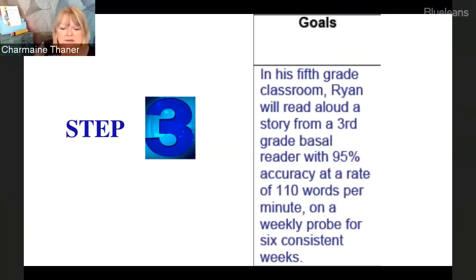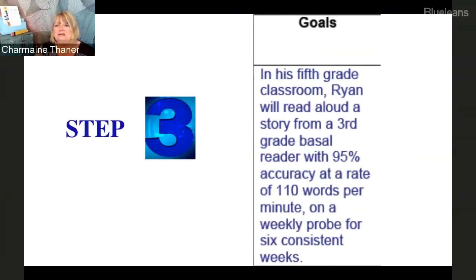And in this one, it says, in his 5th grade classroom, Ryan will read aloud a story from a 3rd grade basal reader with 95% accuracy at a rate of 110 words per minute on a weekly probe for 6 consecutive or consistent weeks.